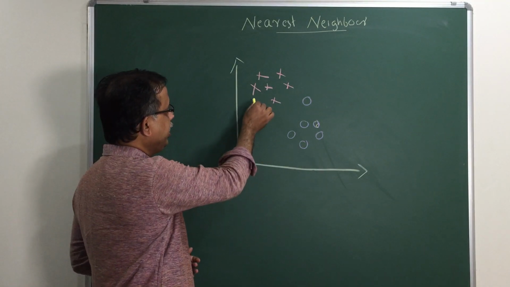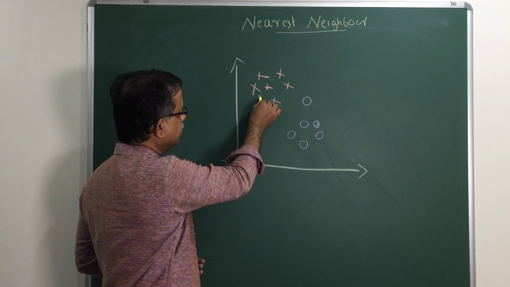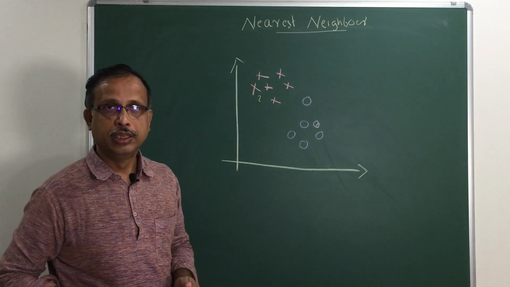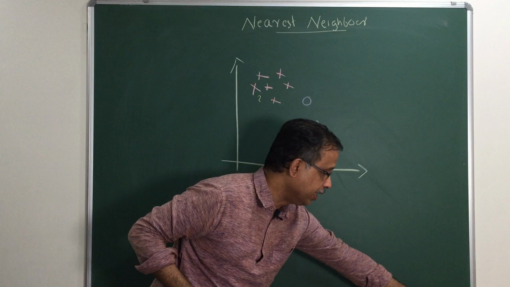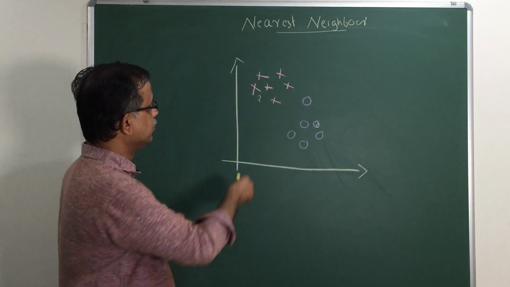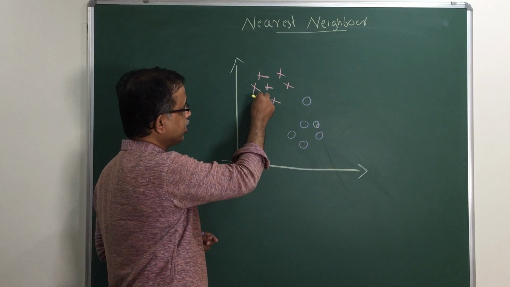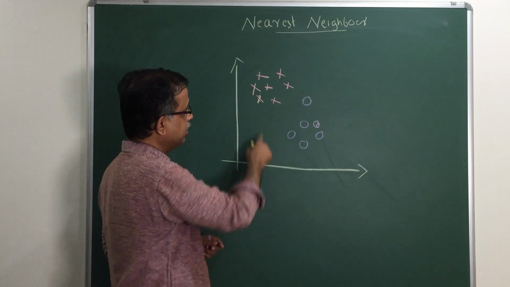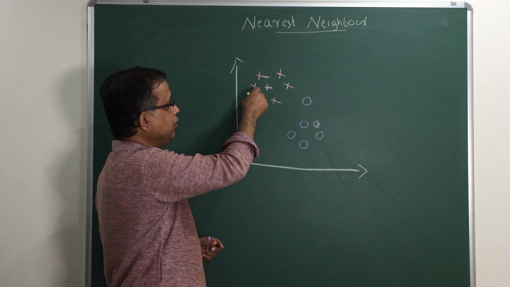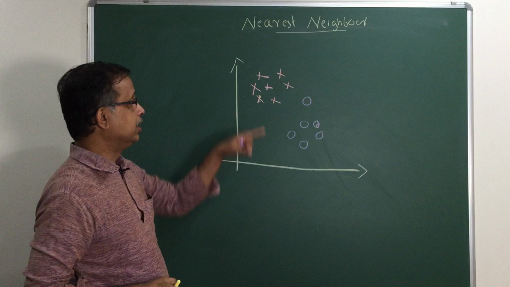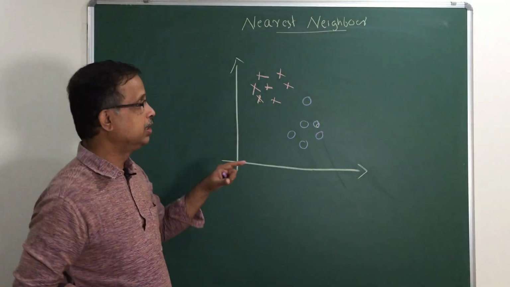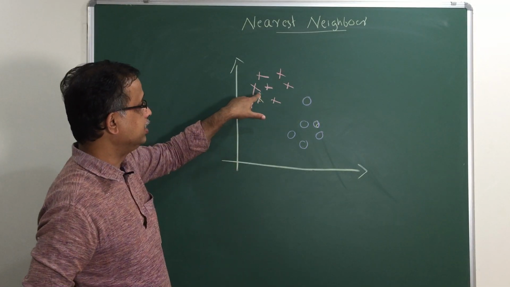Similarly, if you had a sample here, the classification is quite straightforward because this is very similar in color and density to orange, the other samples that we had seen in the past, and we say that this is orange.